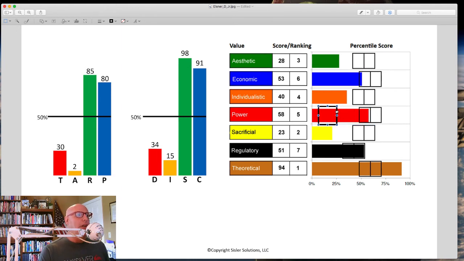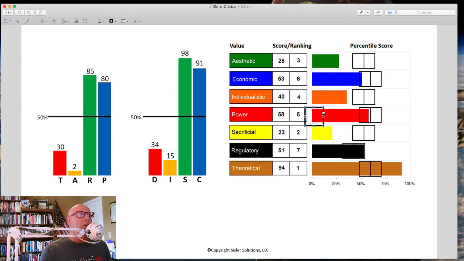Because if you look, it's your second highest line. Your score's at 58. This is below 58. Economics below 58. Individualistics below 58. Sacrificials below 58. And so you've got all these belows. So this is your second highest line.